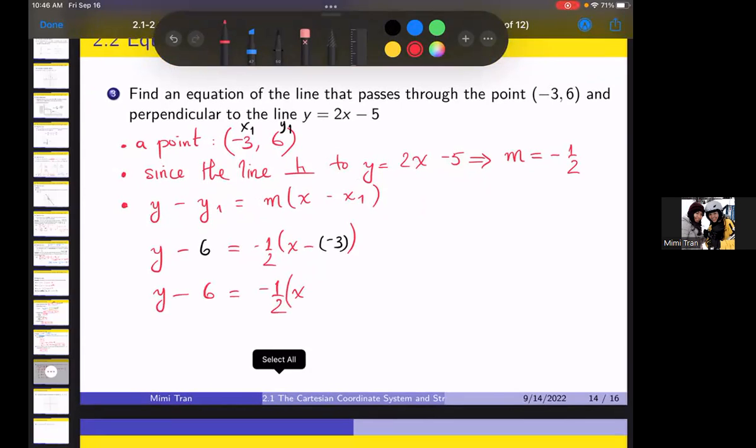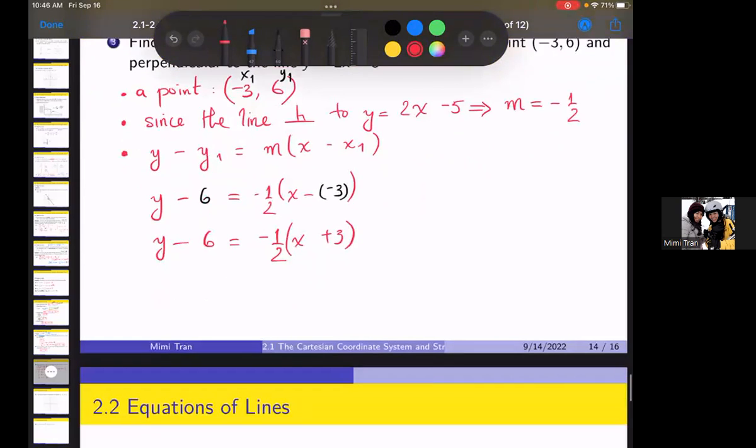Let me do it like this. Plus 3. y minus 6 equals negative 1/2 x minus 3/2.